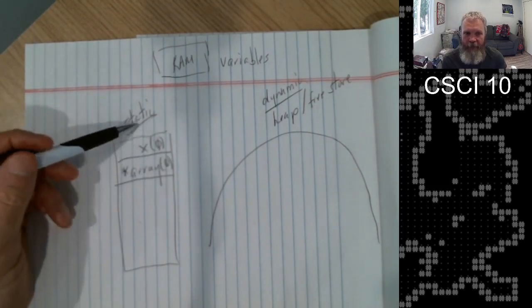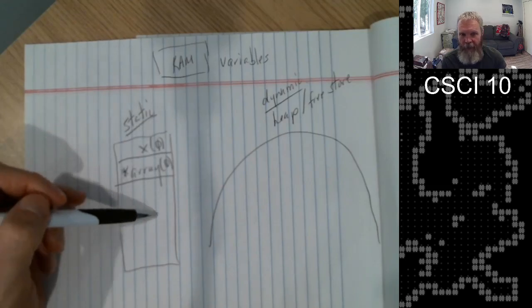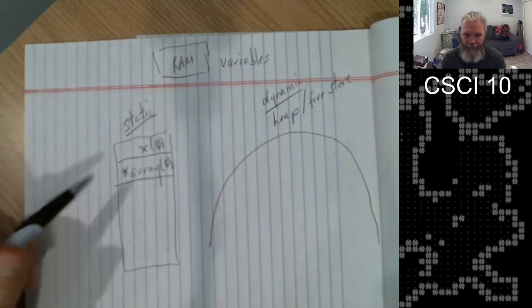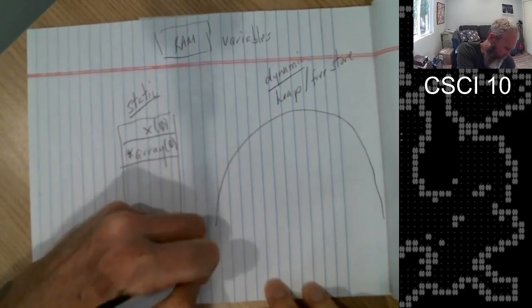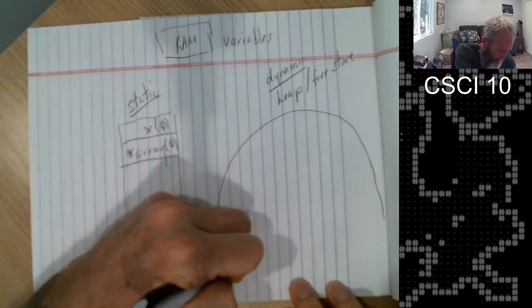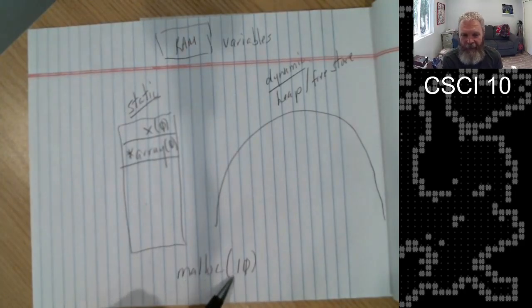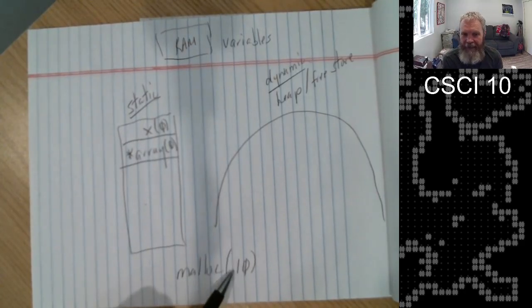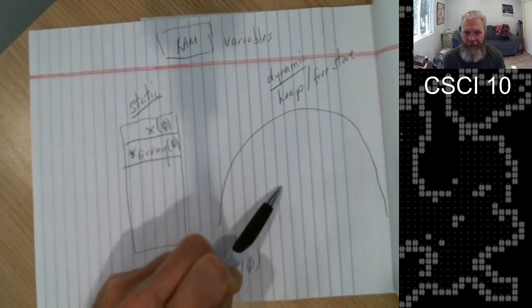So we've been doing static memory all the way up to now. This week we're going to add dynamic memory. And what we're going to do is mallocs. So when you do a malloc in HLA, you specify how many bytes you need. And when you do a malloc, you get that number of bytes in the heap.